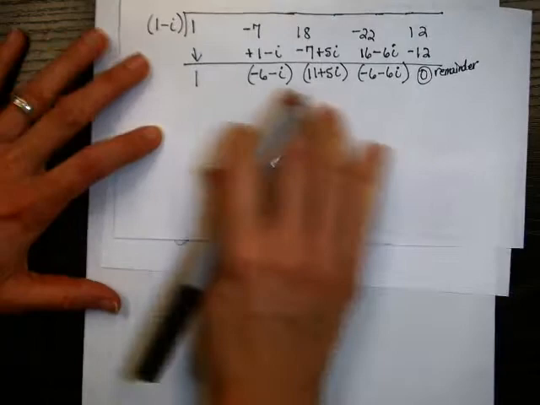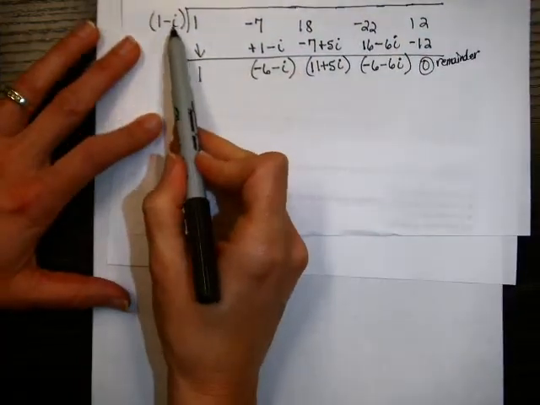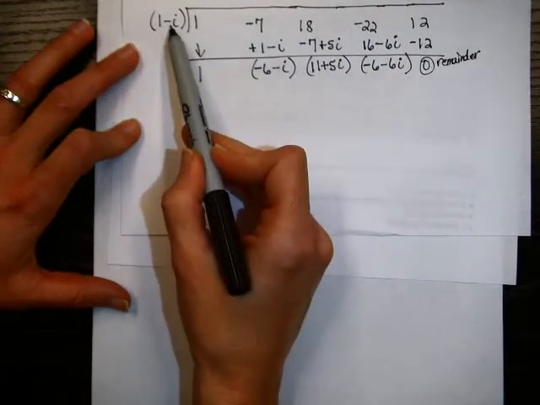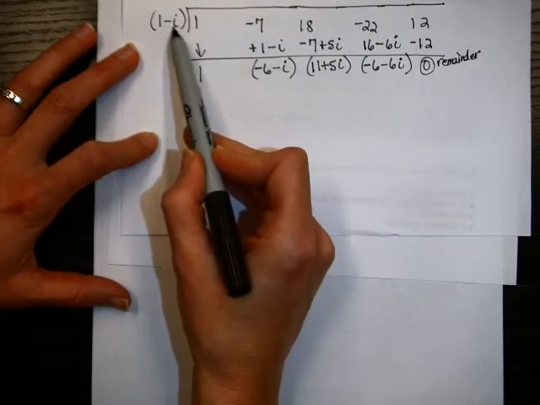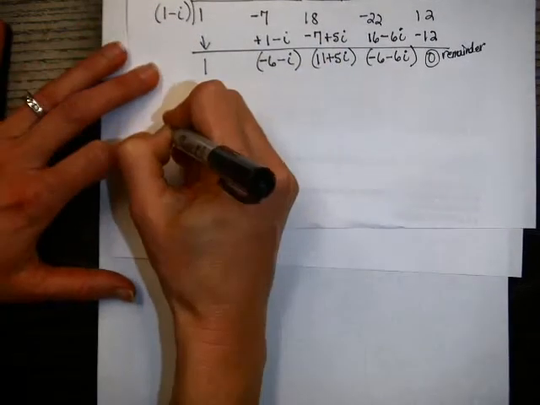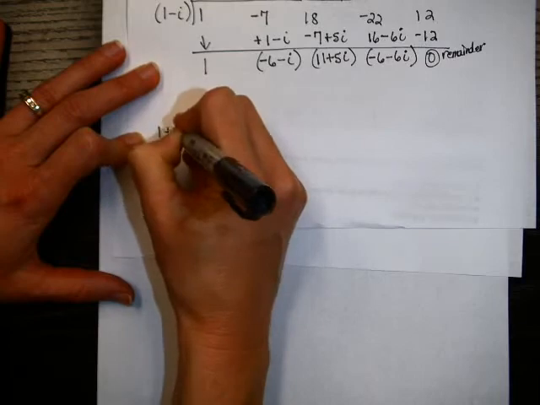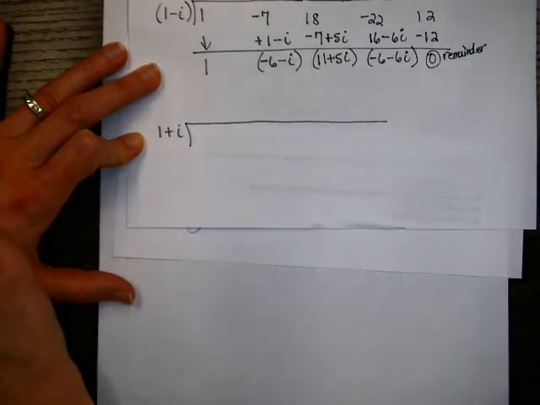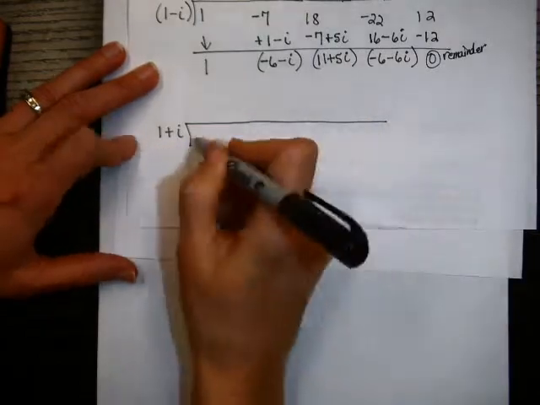Okay, so now that conjugate zero theorem said that if 1 minus i is a zero of this, then also the conjugate of this has to be a zero. The conjugate of 1 minus i would be 1 plus i, and so that is what is going to go outside of my house next. Well, what goes inside of the house here?